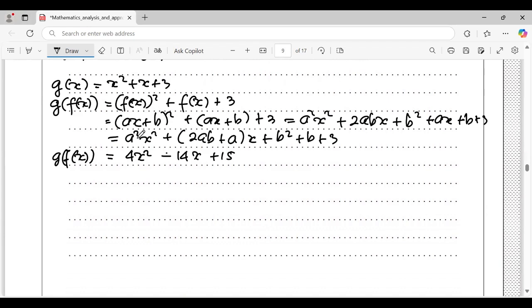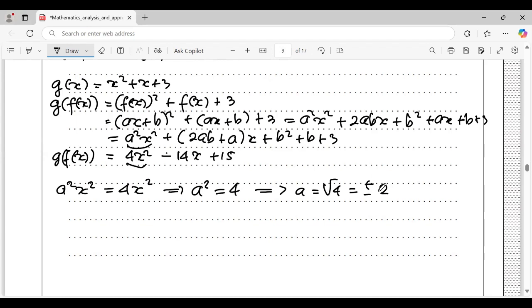So now look that this expression is equivalent with this expression. So a squared x squared equal 4x squared. So it means a squared equal 4, and a equals square root 4. It is positive and negative 2.